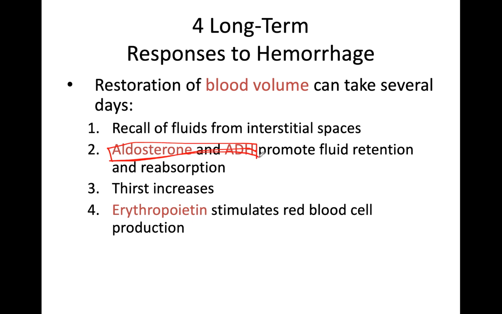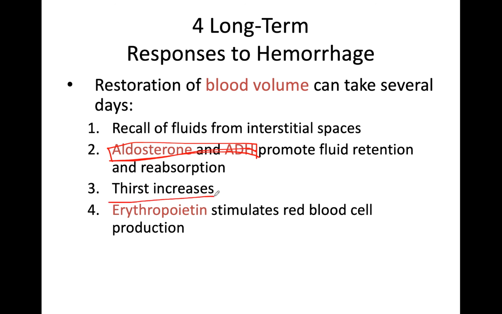Remember, the kidneys filter the blood, pull out water, toxins, and salts to make urine. But if you have long-term hemorrhaging, these 2 hormones are going to make sure that the kidneys don't filter out that stuff. It's going to tell them to keep all of that in your blood.